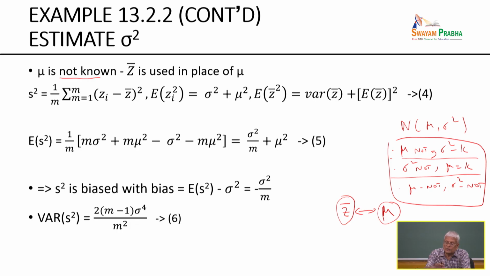So I am now going to consider the more complex case where mu is not known and sigma square is not known. I am going to replace mu by Z bar. And I know how to compute Z bar. Z bar is equal to the average, 1 over m summation Zi, that's the average.